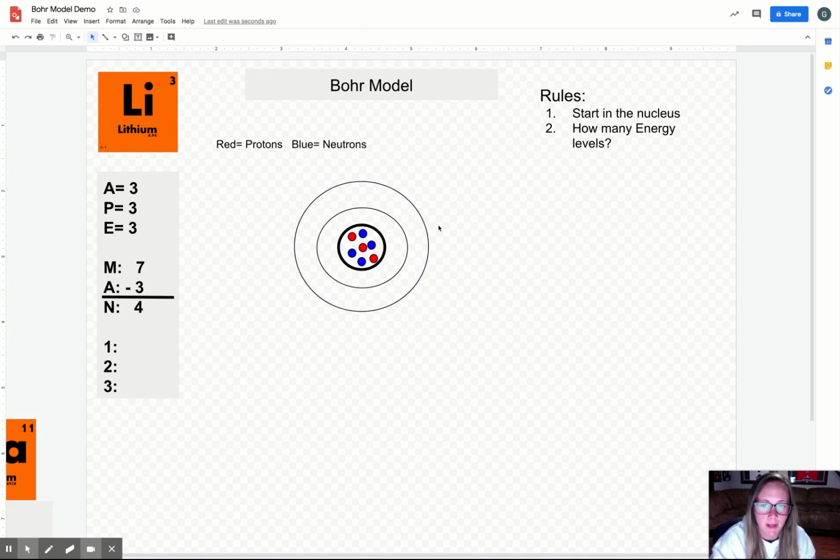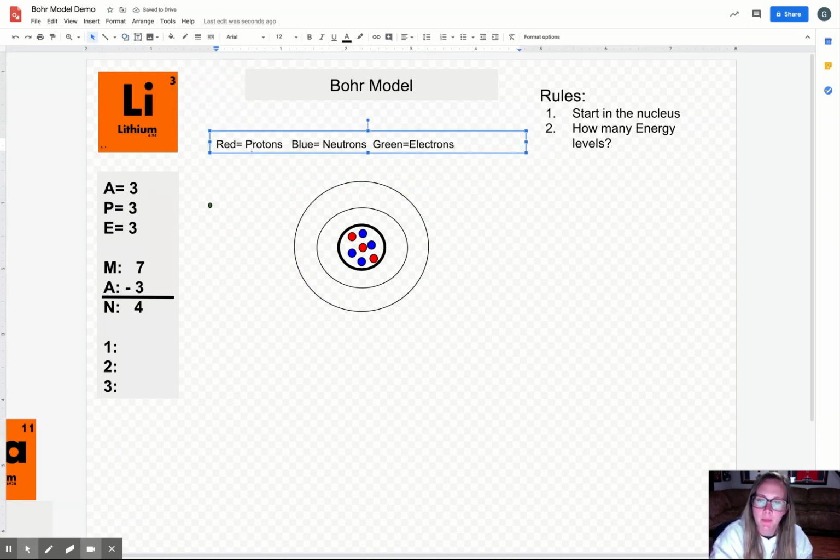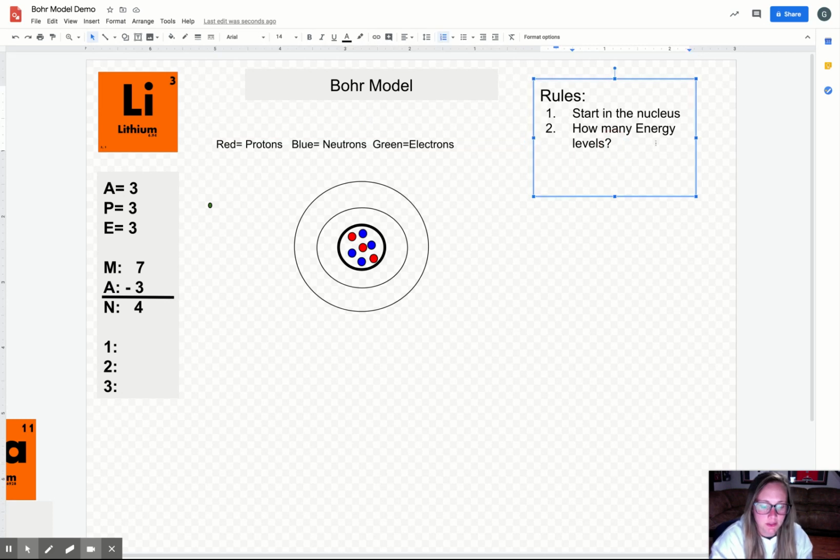Now I'm going to draw my electrons. Electrons are much smaller than protons and neutrons. Now where do I put my electrons? How do I know? This brings us to our third rule. We call it the 2-8-8 rule. We're going to use this 1, 2, 3 portion for that.